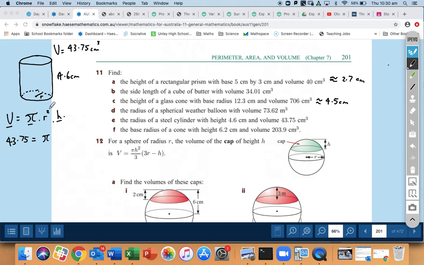I might actually pop the radius squared out to the end of the equation. So let's do pi times the height, 4.6, times the radius squared. And I'm really using the same procedure I used in the last 2 questions. We're going to make this one single number, and then we're going to divide by that number on both sides of the equation. All right, so what is pi times 4.6?